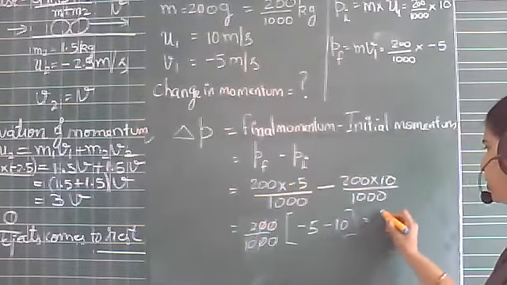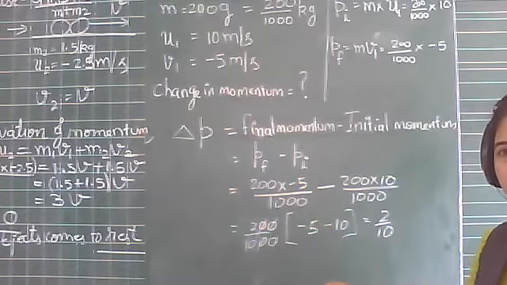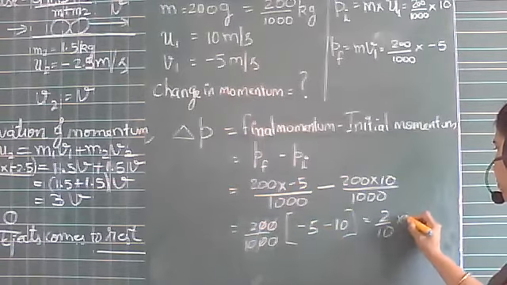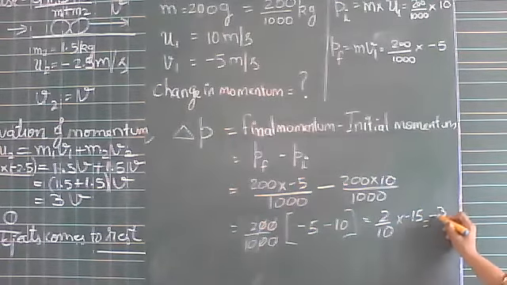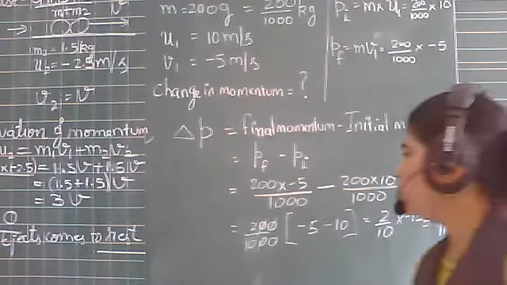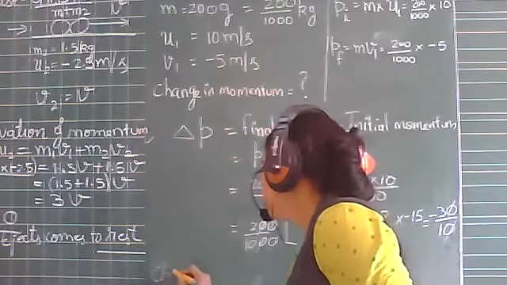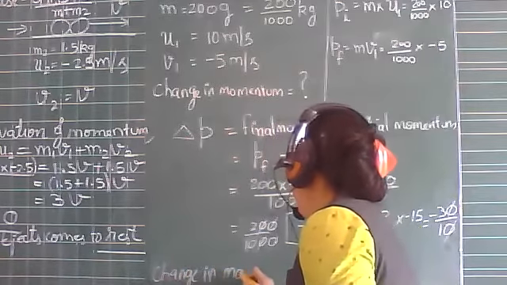Now let us see what is left. 2 by 10. Minus minus plus. So 10 plus 5 is 15. So here you will have minus 15. Right? 15 twos are 30. So this is minus 30 upon 10. Minus 30 upon 10. Right? Again 0, 0 cut.